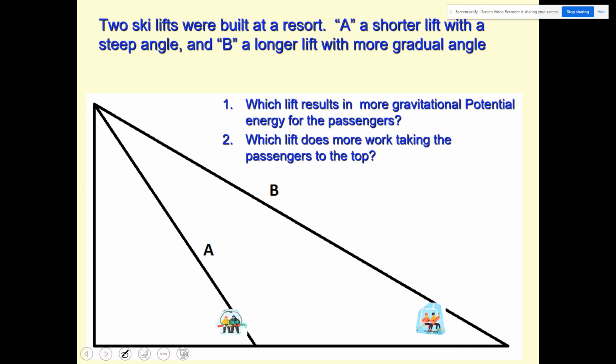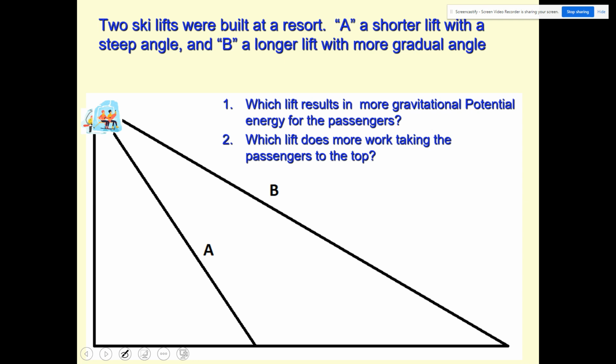Two ski lifts were built at a resort. A shorter lift with a steep angle and a longer lift with a gradual angle. Which lift results in more gravitational potential energy? Well, let's take a look.